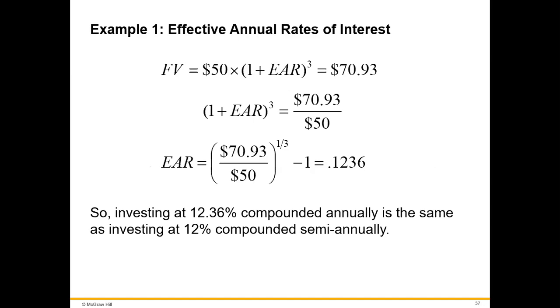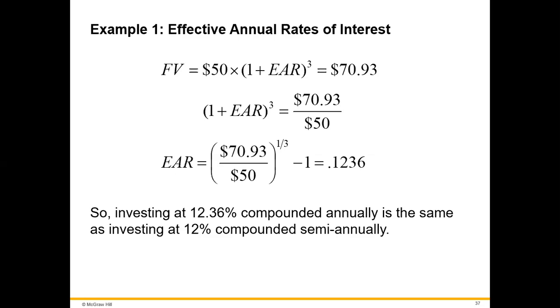We flip over the third power to the 1/3 power. So we would take 7093 divided by 50 and then raise that to the 1/3 power. So I just take 1 divided by 3.